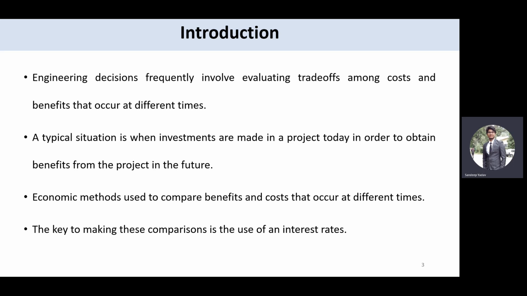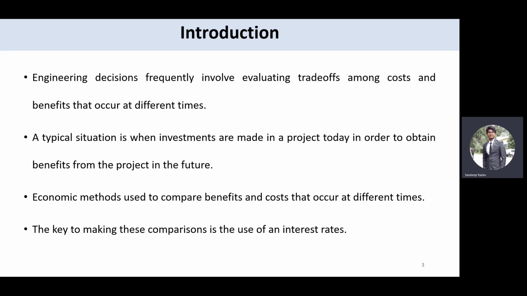Suppose you are investing 10 lakh rupees in a company and you get the output after 5 years. You expect more than 10 lakhs because the value of money decreases after 5 years. We will calculate that with different kinds of interest rates.